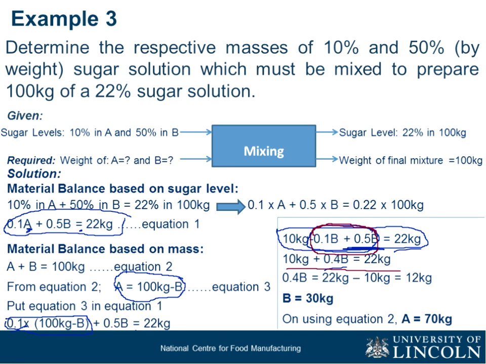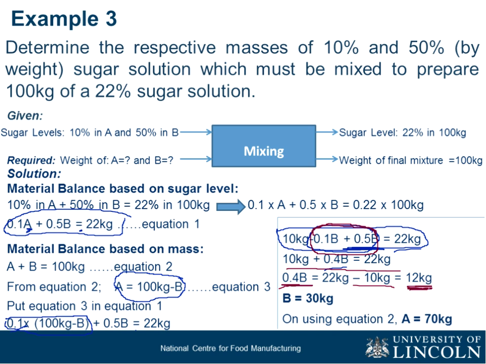Now 10 and 22, you can see they are families. You need to take 10 to the other side. So you are left with 0.4B here, then 22. By the time this 10 crosses this equality sign, it turns to negative. That is why you have minus 10. So 0.4B equals 12 kilograms.